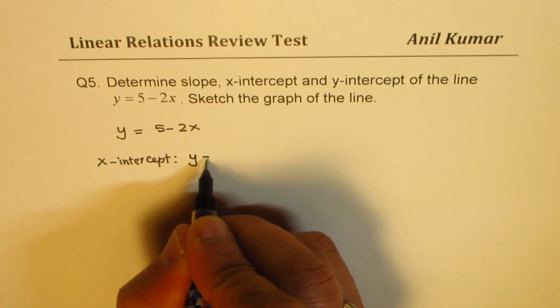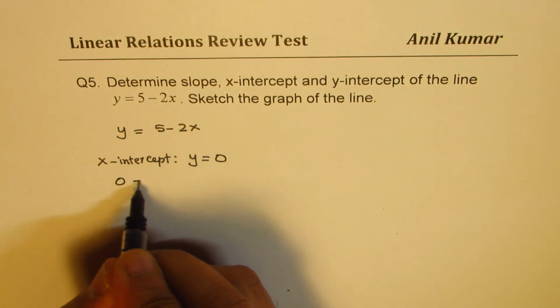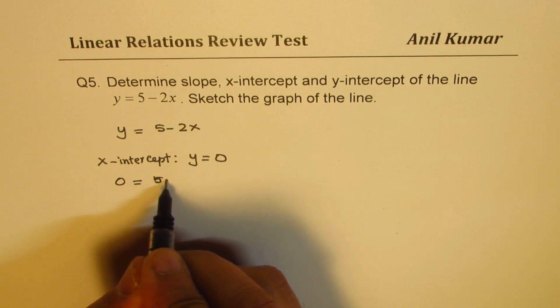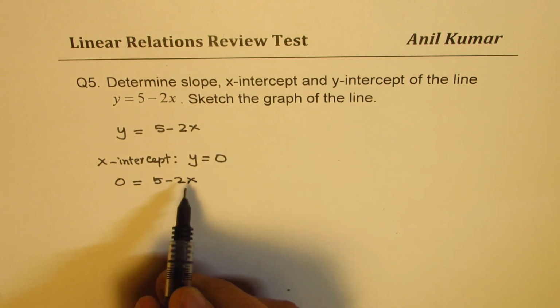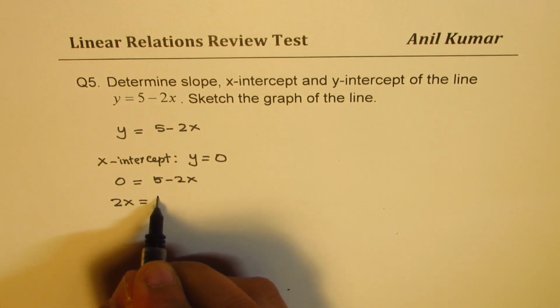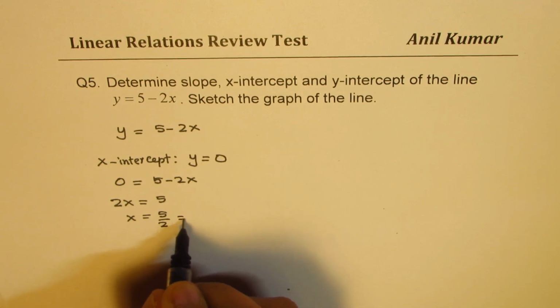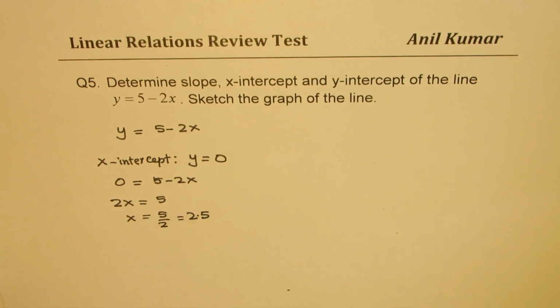So here y is equal to 0. So we'll place 0 in our equation and we get 0 equals 5 minus 2x, and we can solve for x. So we have 2x equals 5, or x is equal to 5 over 2, or 2.5. So the x-intercept is 2.5, right?